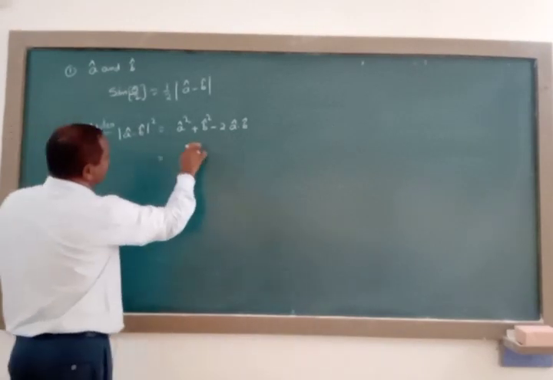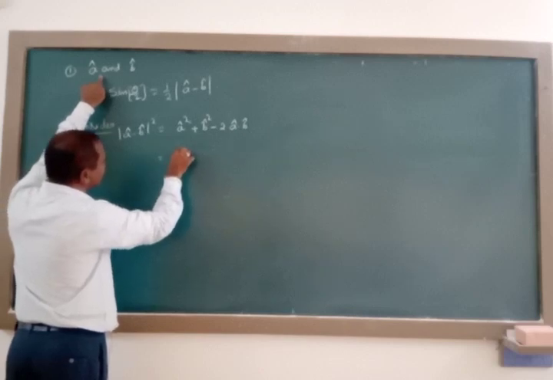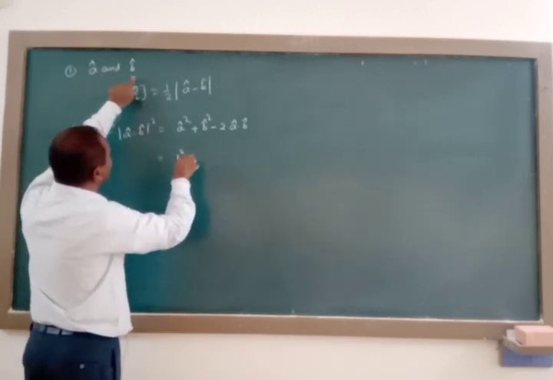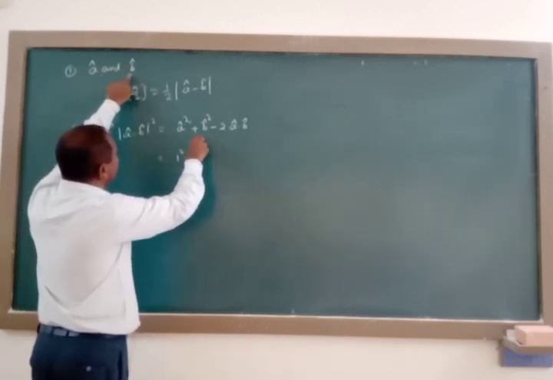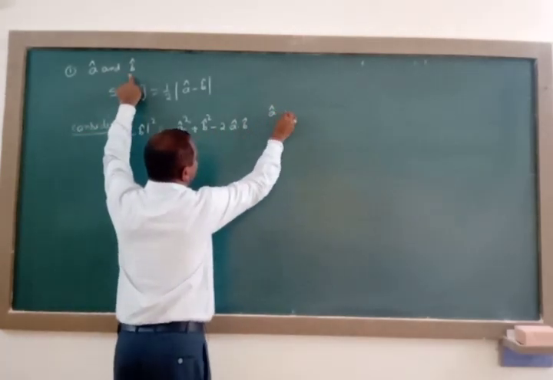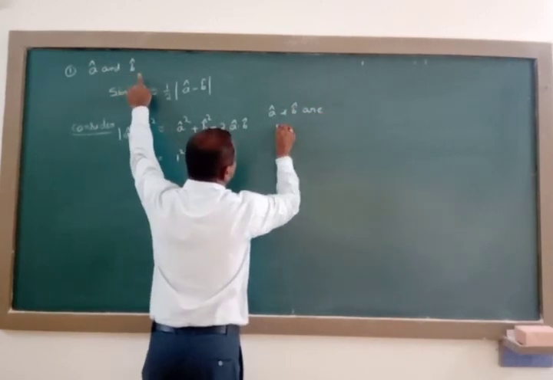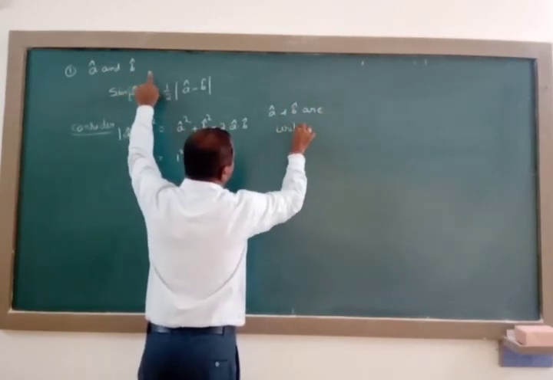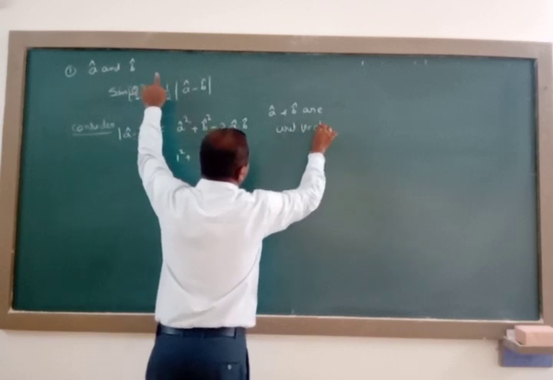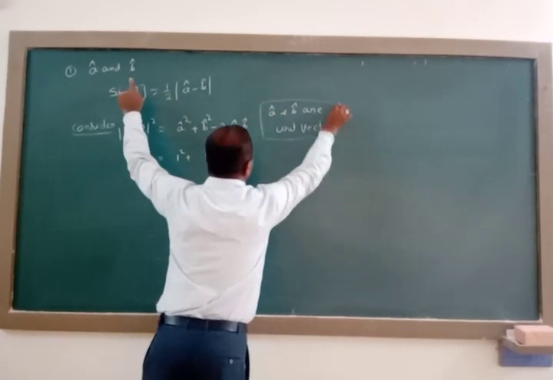A cap square: a cap is the unit vector, so it becomes 1 square, and b cap is the unit vector. Here they mentioned a cap and b cap are unit vectors, so their magnitude also becomes 1.